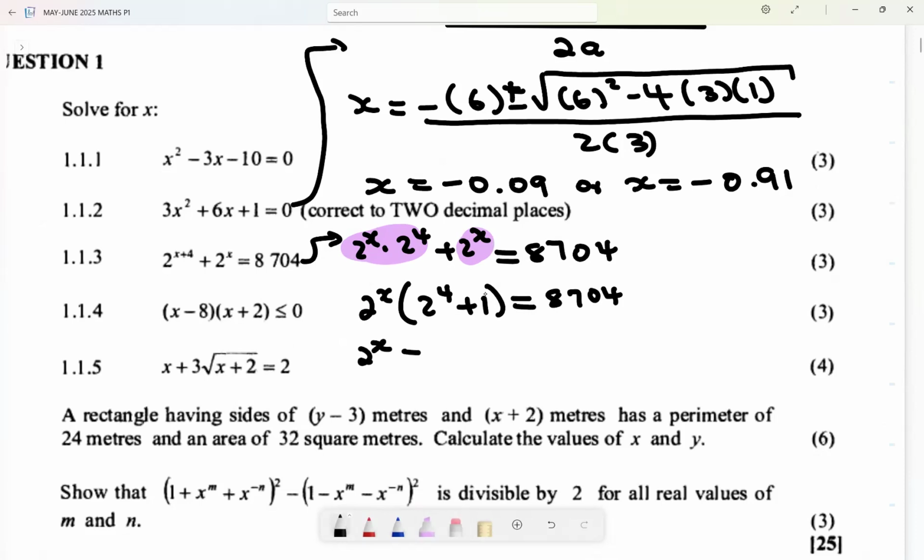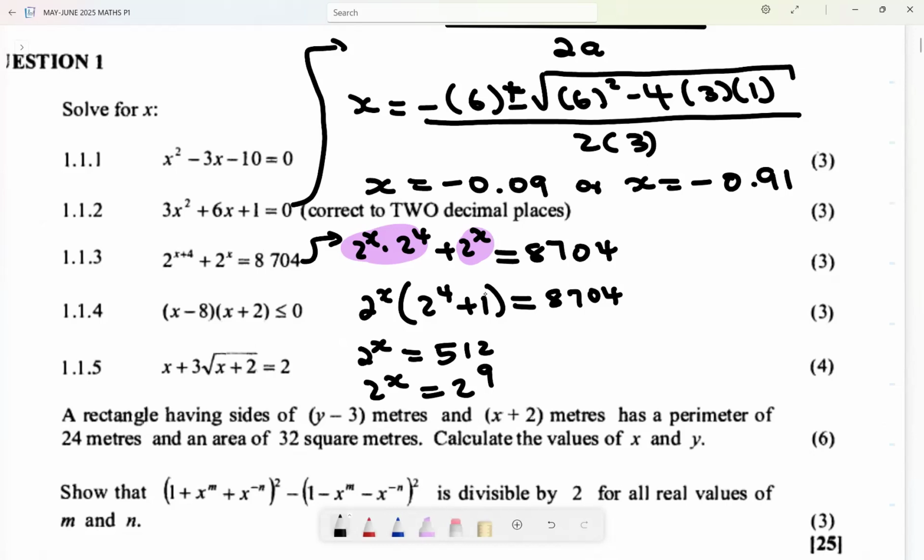2 to the power of x is going to be equal to 8704 divided by 2 to the power of 4 plus 1, which I think is 17. I get 512. How can I express 512 in terms of base 2? I get 2 to the power of 9.